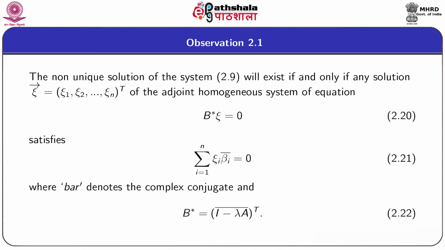Here bar denotes the complex conjugate, that means beta I bar is the complex conjugate of the known function beta I, and the matrix B star is given by I minus lambda A bar transpose as given by equation 2.22.